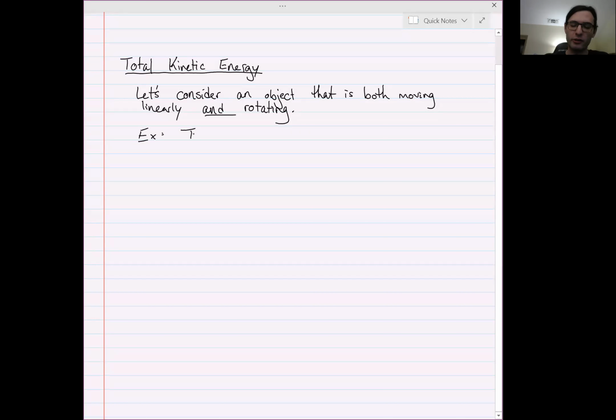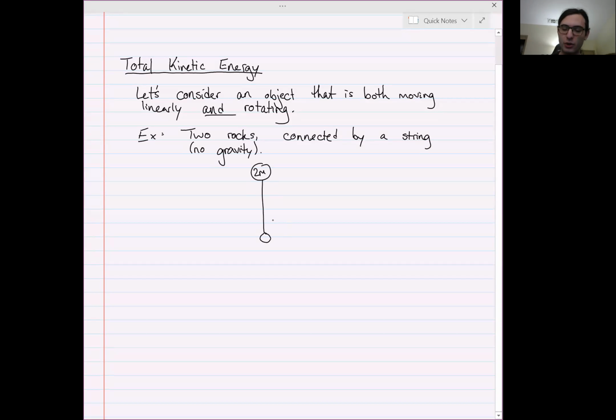So we have two rocks connected by a string, and we're just going to assume that they're floating out in space. There's no gravity here. So the picture is you have one rock, maybe of mass 2m, connected by a string to a rock of mass m.